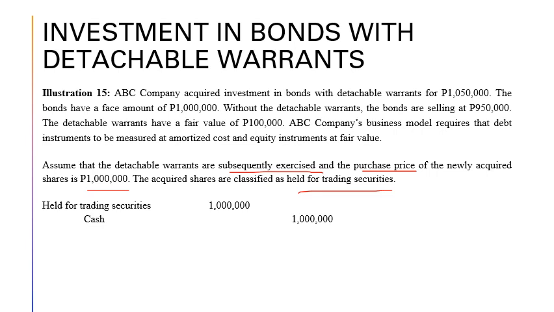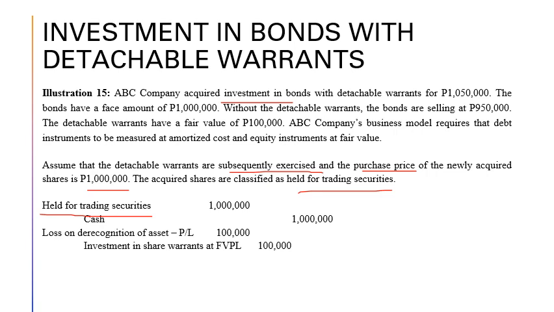Now, we have an equity instrument. Previously, meron tayong debt instrument. Now, because we exercise the warrants, we now have an equity instrument. So, ang investment natin is in the form of shares. Next is you have to close your investment in share warrants kasi ginamit natin. So, debit loss on the recognition of asset. And then, credit investment in share warrants at FVPL.